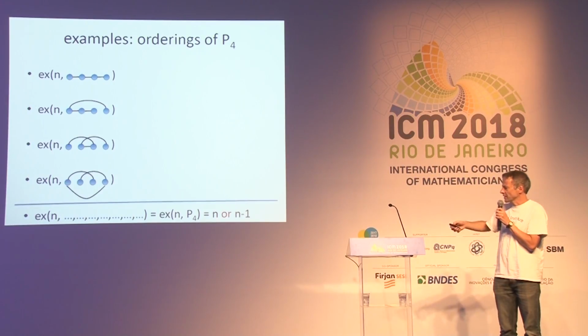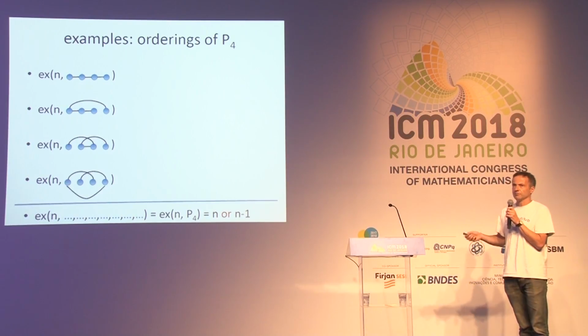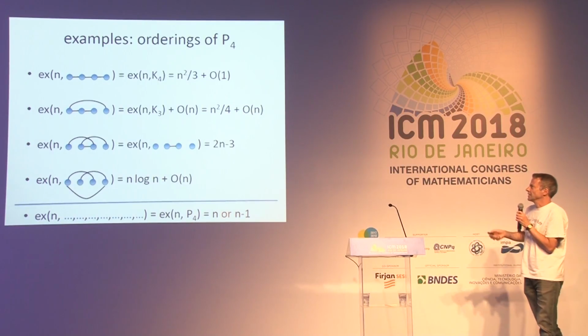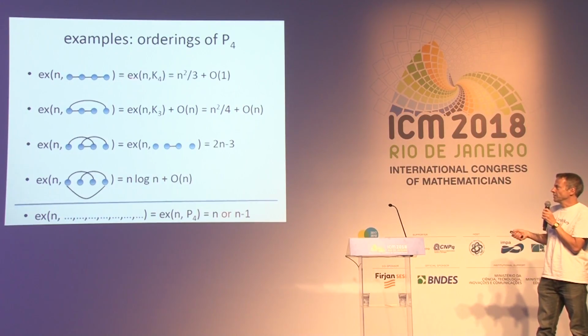So we get back the classical question, but if you forbid just one of them or a few of them, but not all of them, then you get new questions. And so these are the results for these particular examples.